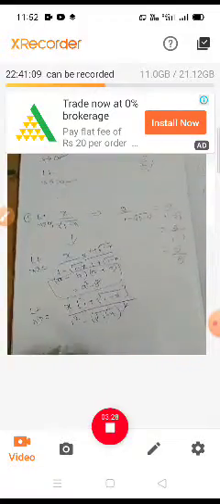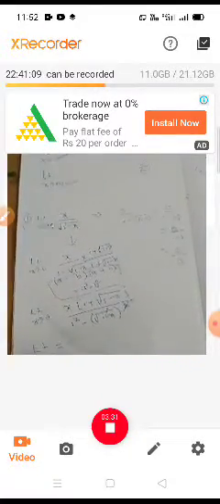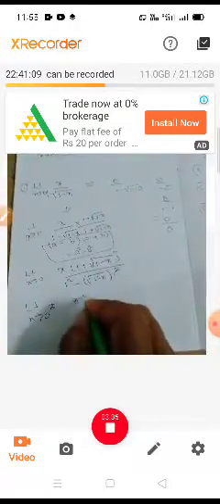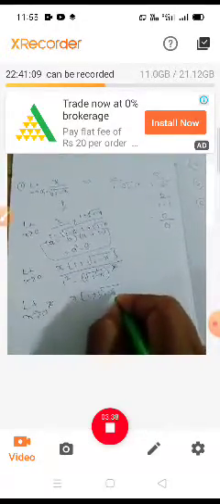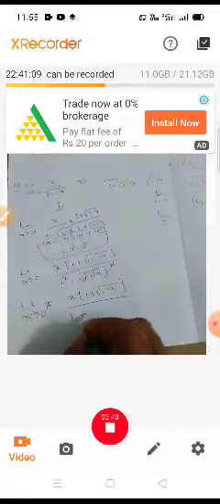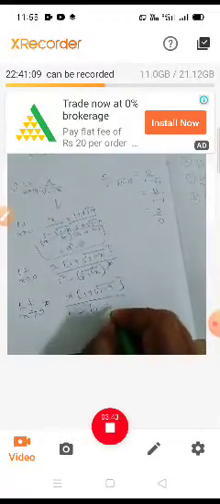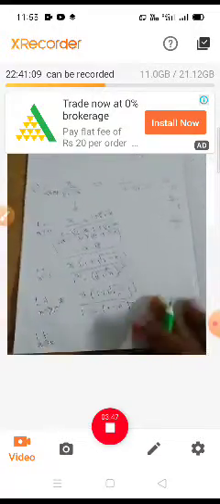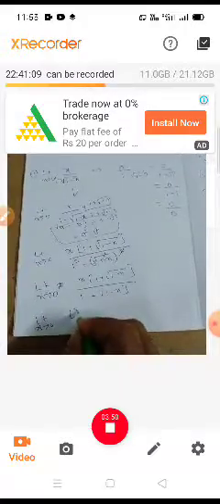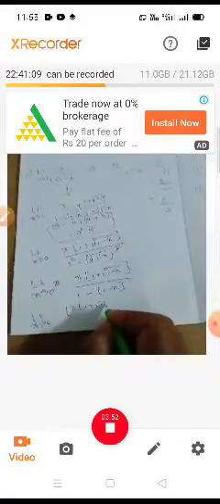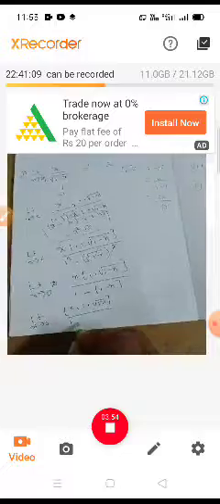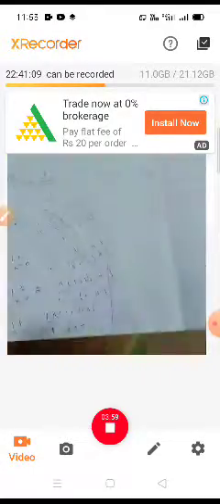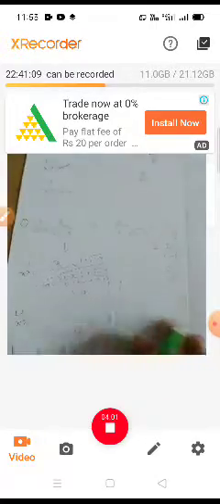The square root gets cancelled. That is limit x tends to 0 of x times (1 plus under root 1 minus x) by (1 minus 1 minus x), which is 1 minus 1 plus x. The plus and minus get cancelled.